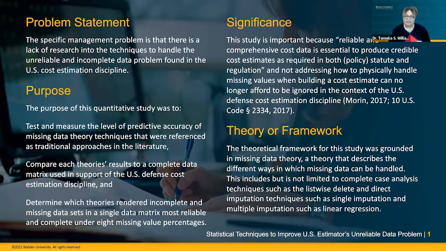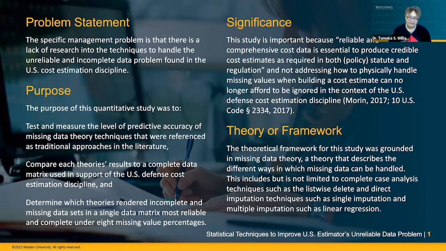And so the significance, obviously, of this study was that reliable and comprehensive cost data is an essential part of having credible cost estimates. And it's not only because people think it's a good idea, but it is in policy, statutes, and regulations.